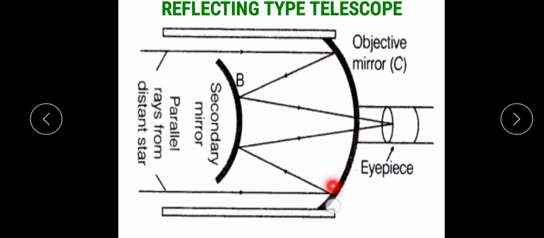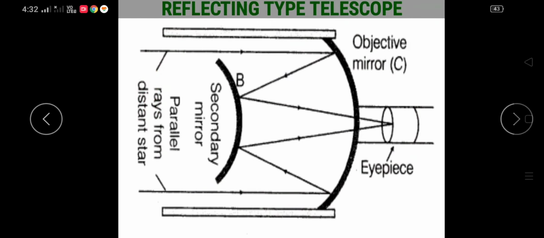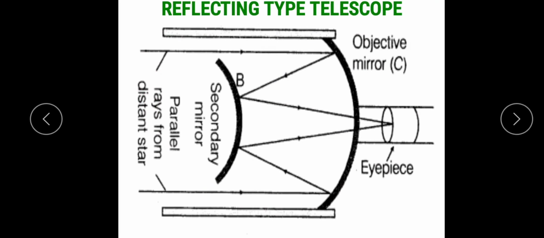Concave mirrors are used in place of objective lenses, and these mirrors reflect the rays. That's why we can call these reflecting telescopes, or reflecting types of telescopes.